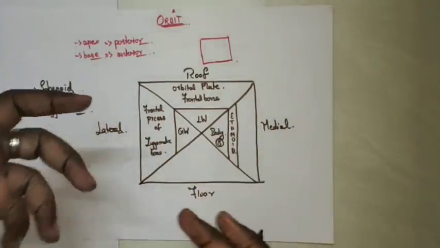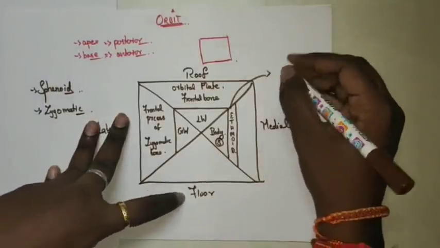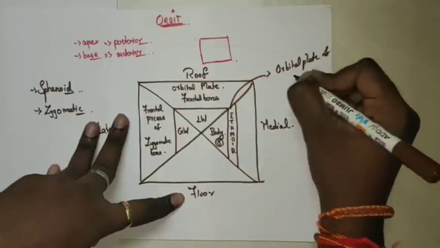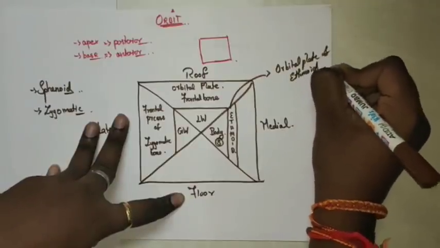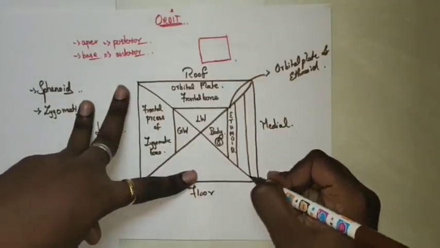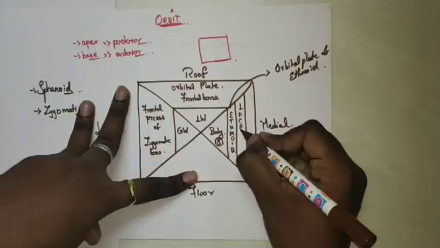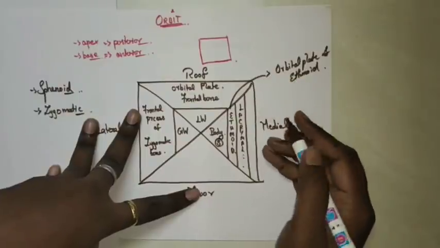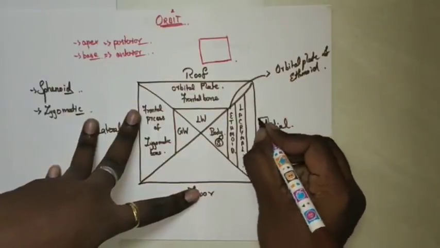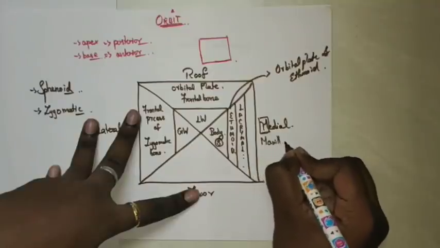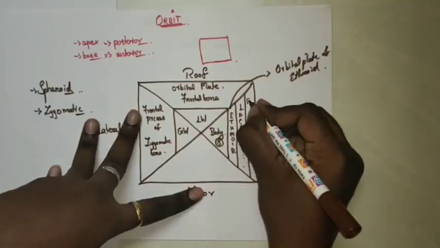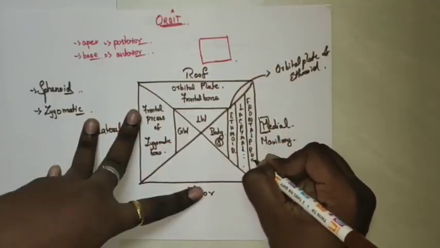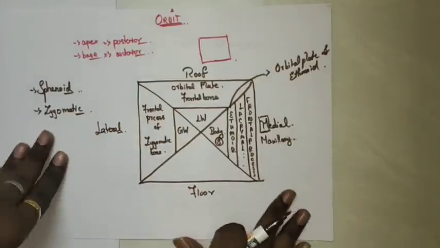This is in deep, we can name it as the orbital plate of ethmoid bone, and next to it there will be the lacrimal bone, and next to it over the medial side there will be maxillary bone. So the frontal process of maxillary bone forms the medial wall of orbit.